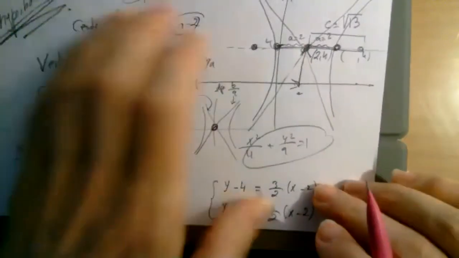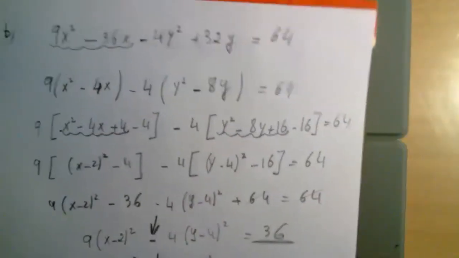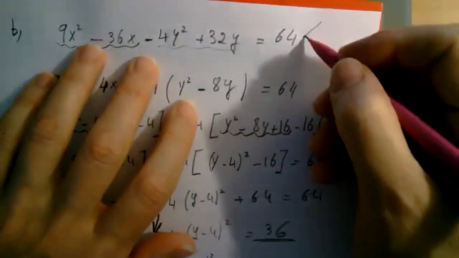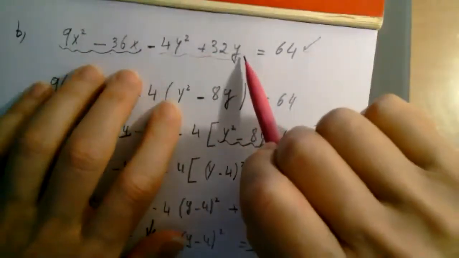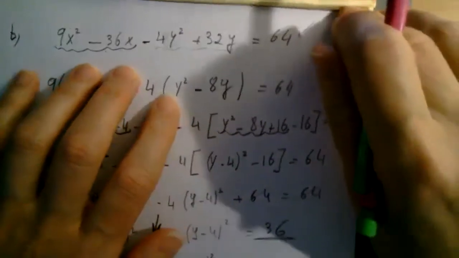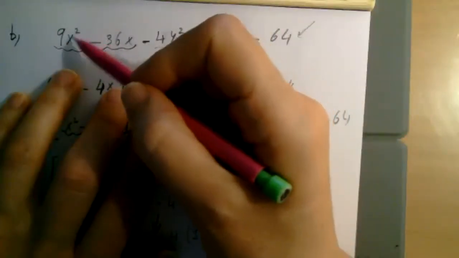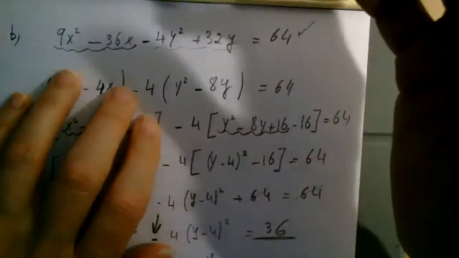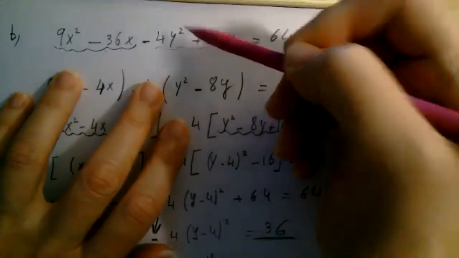So this part we've seen yesterday, but the new part here is basically that sometimes you have a quadratic equation. When I say quadratic equation, I mean an equation where the highest power of x is 2 and the highest power of y is 2.